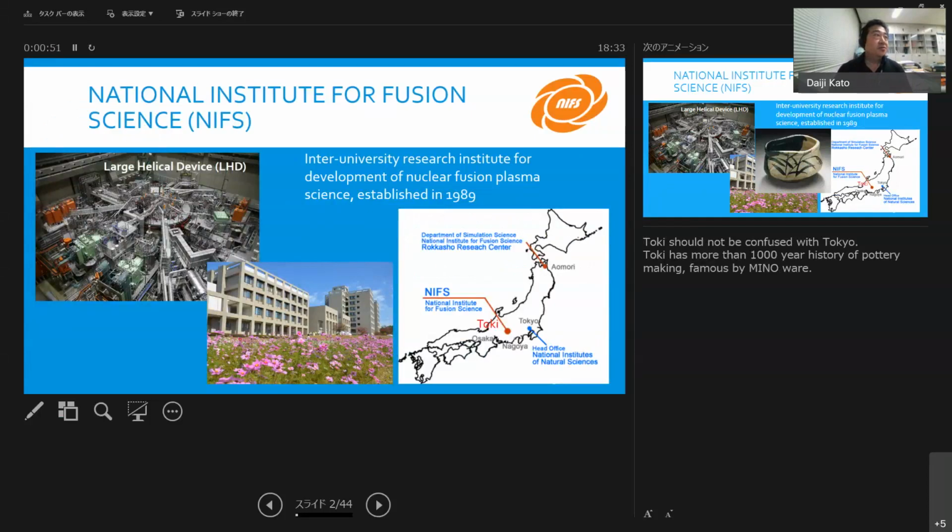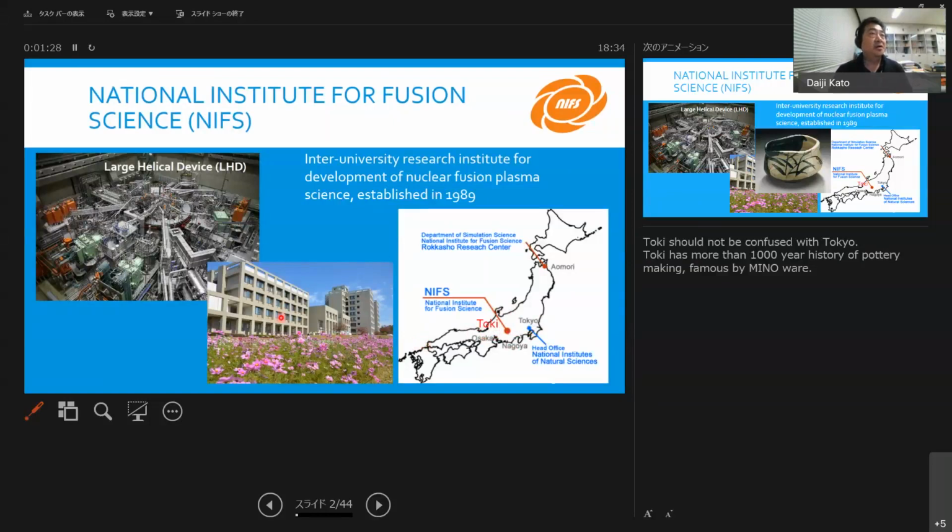Our institute is located almost at the geometrical center of the Japan islands, and it should not be confused with Tokyo. Our institute is located in Toki City, situated in a very quiet atmosphere, on top of a mountain.